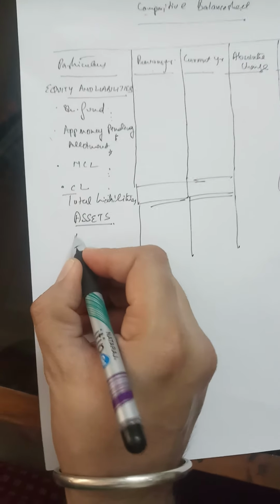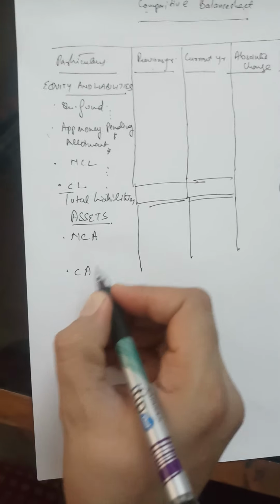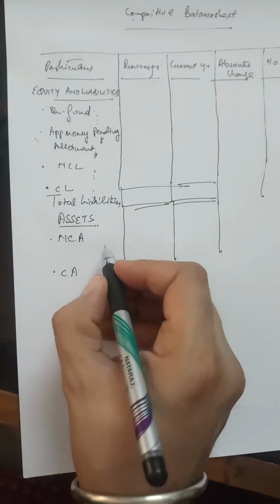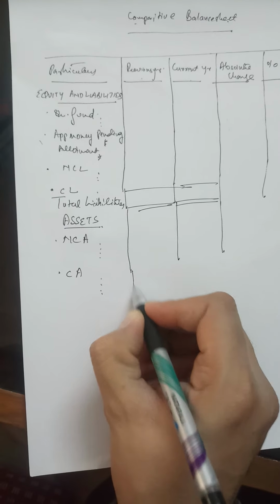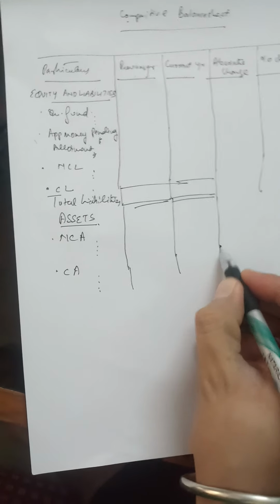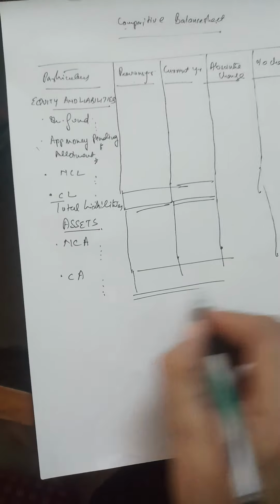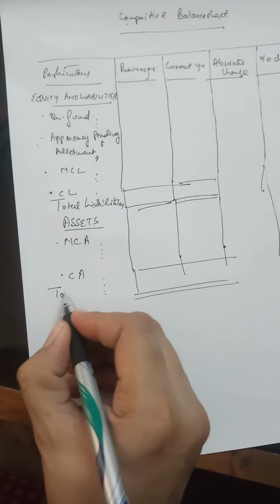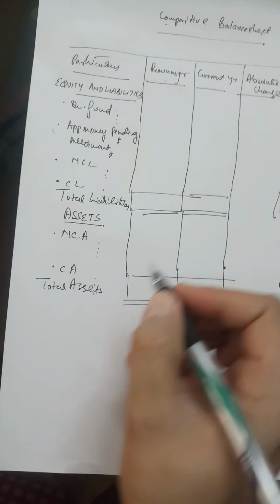In assets you will see non-current assets and current assets. This we have already discussed in the first chapter. Now there are various items in these also. Then total assets.